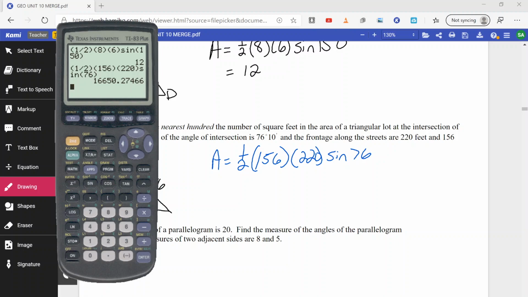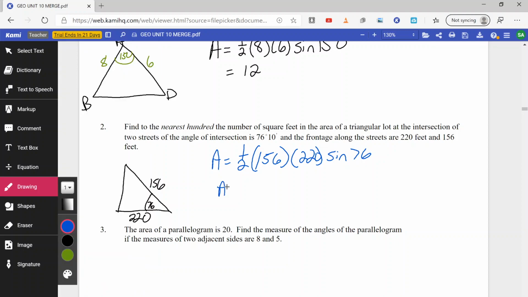So again, to the nearest 100, so ones, tens, hundreds, we'll round up to 16,700. More accurately, according to our problem, 16,650 would be the more accurate area.